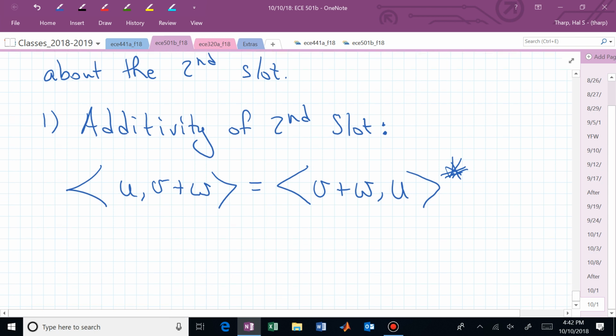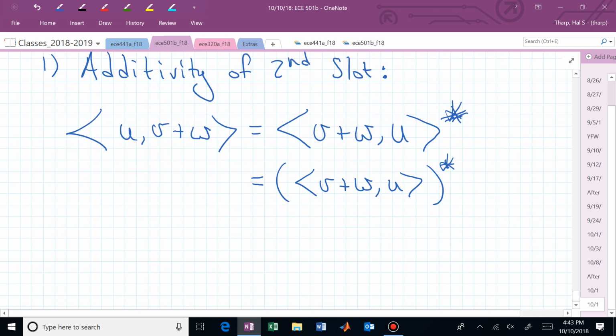So now u inner product with v plus w should equal, based on our definition of the inner product, v plus w with u's inner product conjugated. Well, let's keep that conjugate by itself for a little bit, so that now we have v plus w with u conjugated.